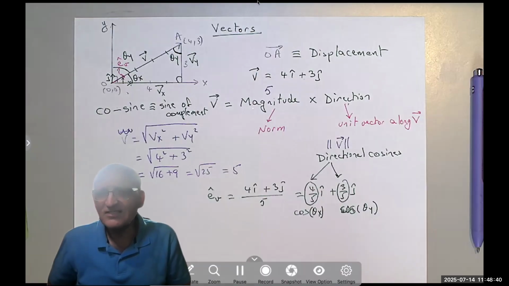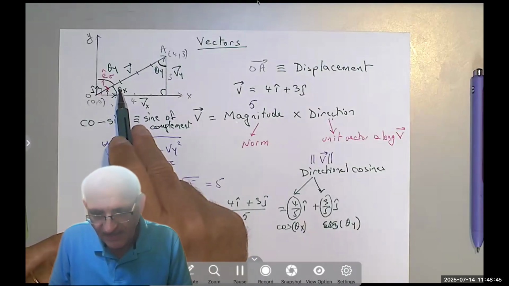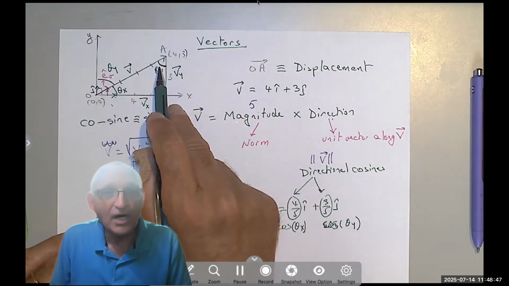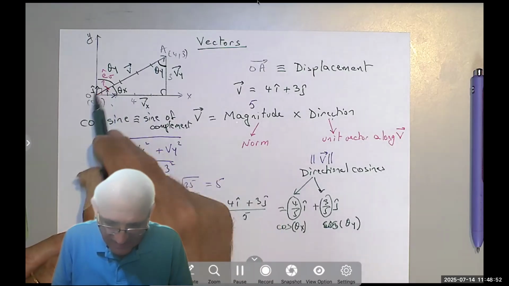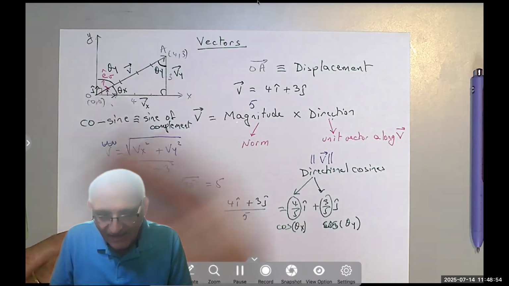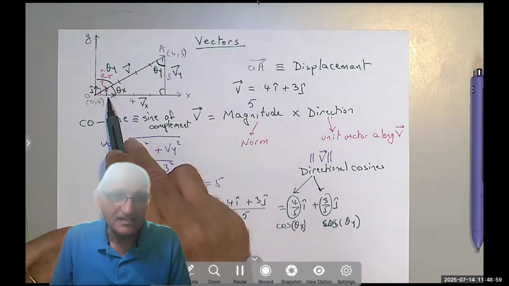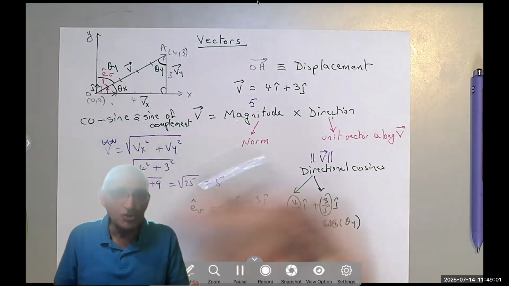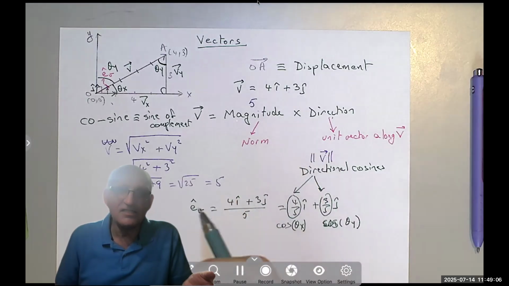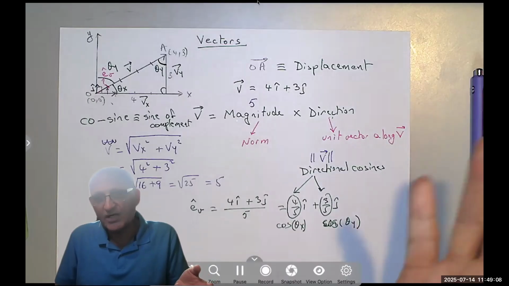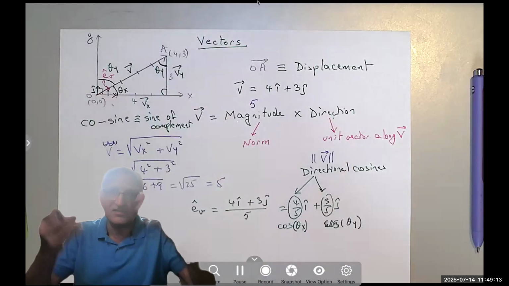So why do we say sine square? Basically, what we are saying is that cosine square theta x plus cosine square theta y equals 1. The angle that it makes with the x, the angle that it makes with the y. But then cosine theta y is the same as sine theta x, and that's why we usually refer to that in 2D as an identity in trig, which is sine square theta plus cosine square theta equals 1. And now we don't need to say x and y because it's just one angle.